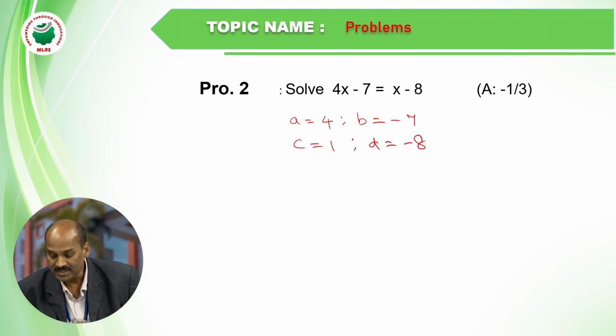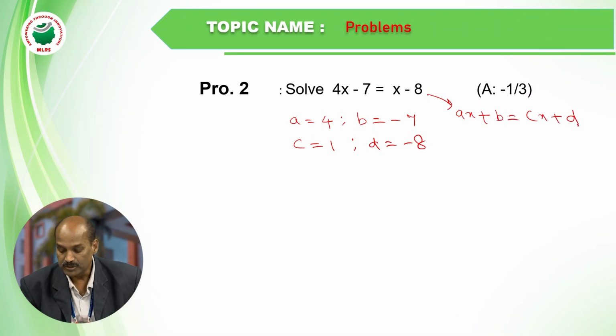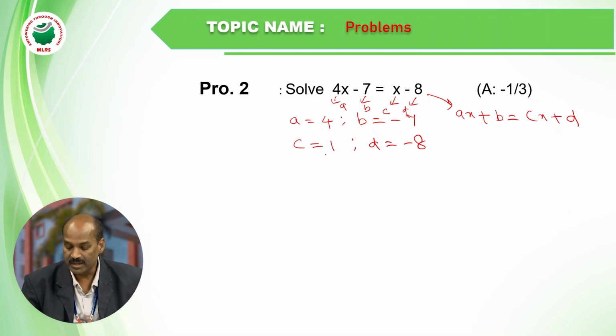Because you compare this equation with ax plus b equal cx plus d. So this is a, this is b, this is c, the coefficient of x, and this is d. So I have written a equal 4, b equal minus 7, c equal 1, d equal minus 8.